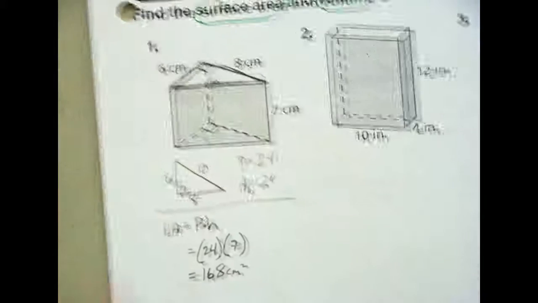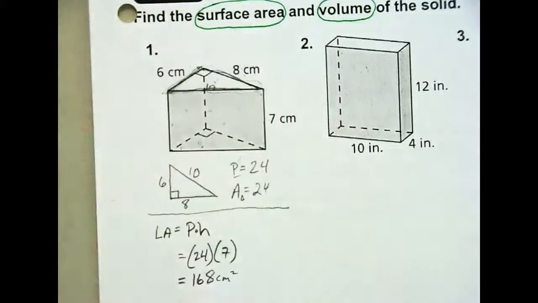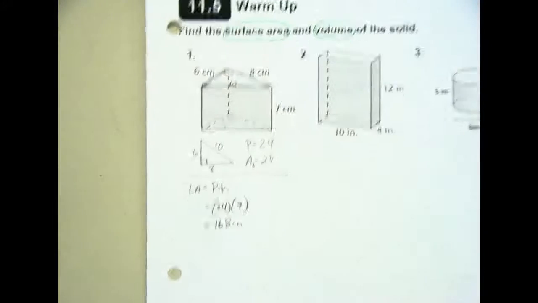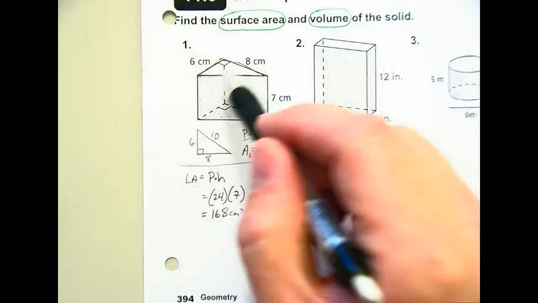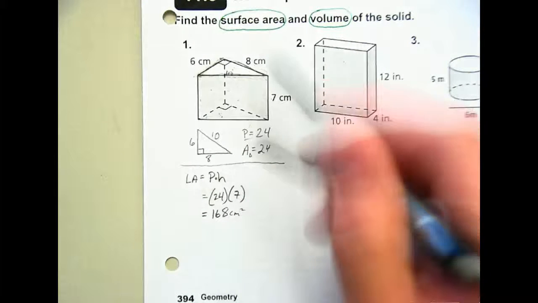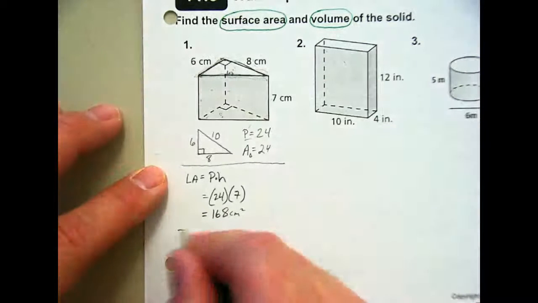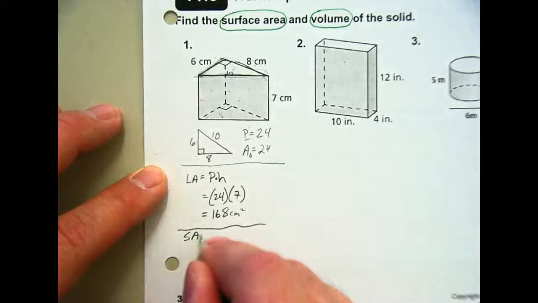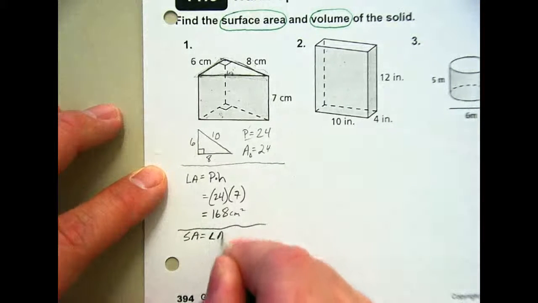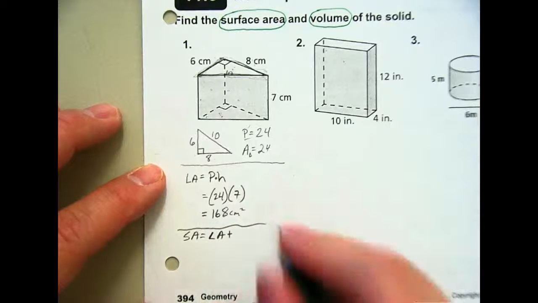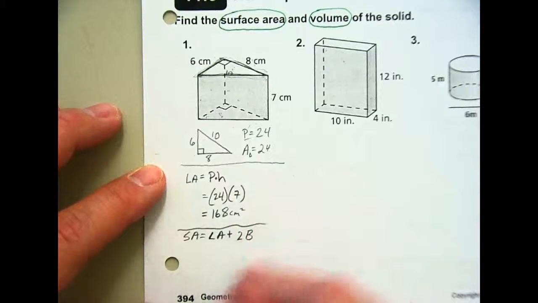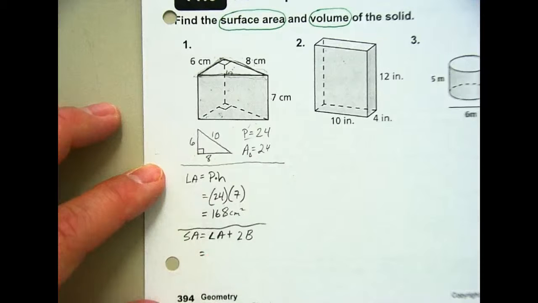Okay. Have I found the surface area? No. What do I need? I've got the lateral area. What do I need to finish up the surface area? I need the 2 triangles, which we call our bases. So the formula for surface area is actually lateral area plus 2B.